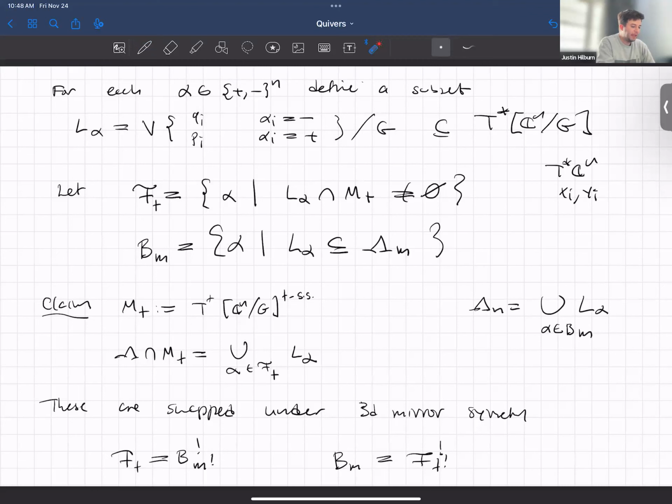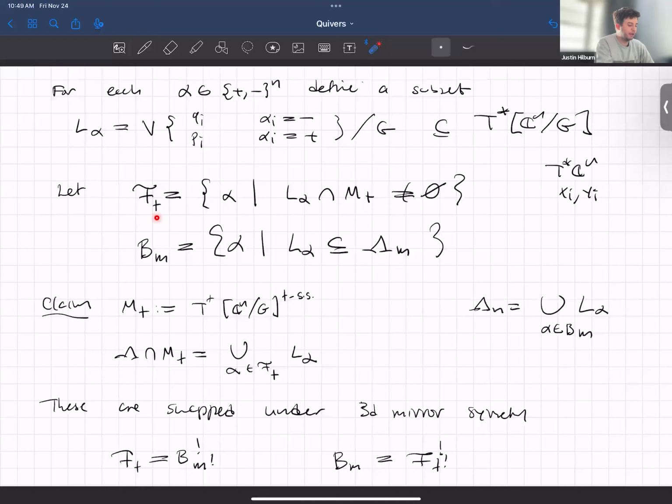All right. And there are two very nice sets of these sign vectors that I want to describe. So this is just some combinatorics. I want to describe the feasible set f of t. This is going to be all of the alphas such that when you intersect with the t stable locus, you actually get a non-zero intersection.